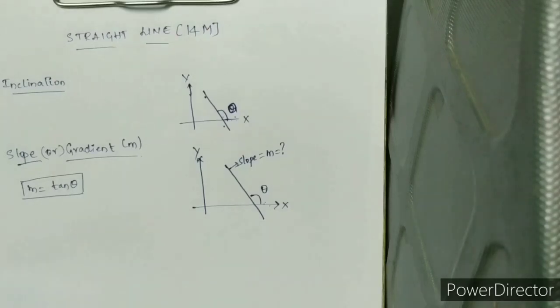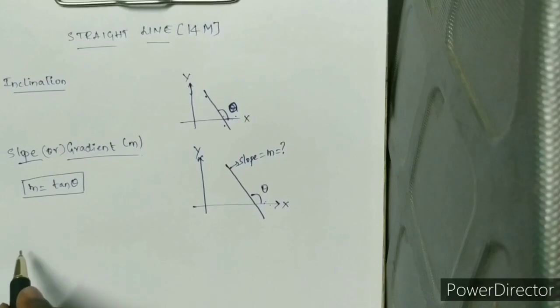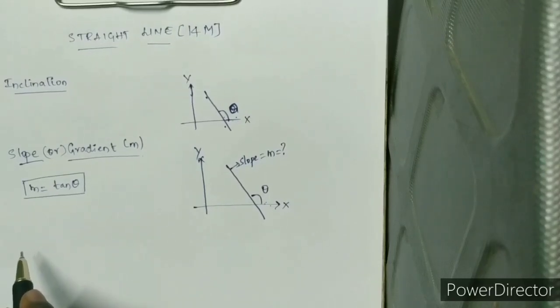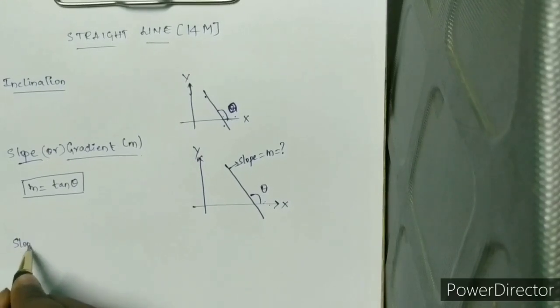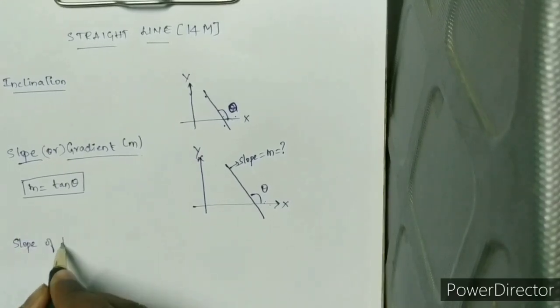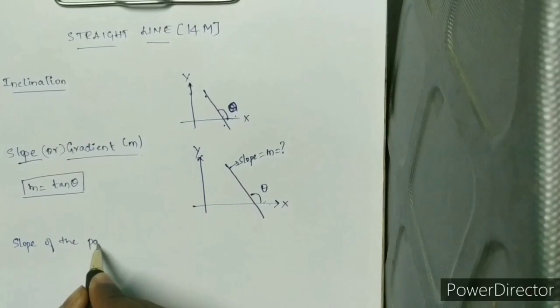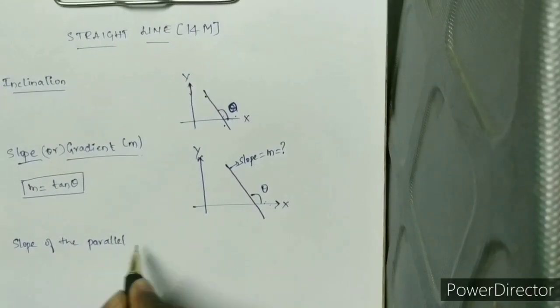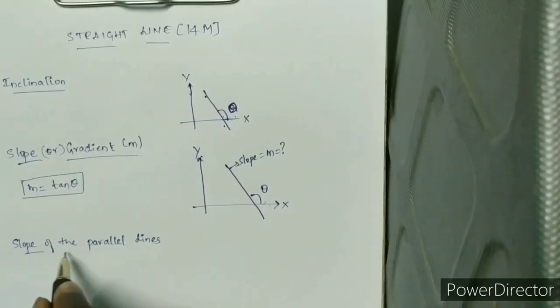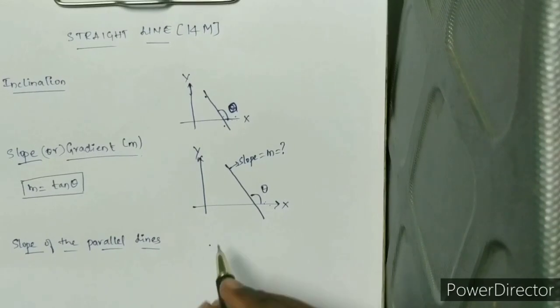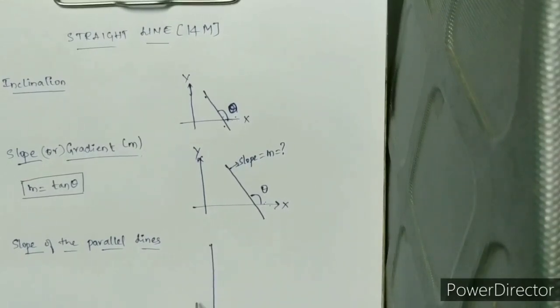Now we know slope. Next we'll discuss the relation between the slopes of parallel lines. I'll show you two parallel lines and how their slopes are related.